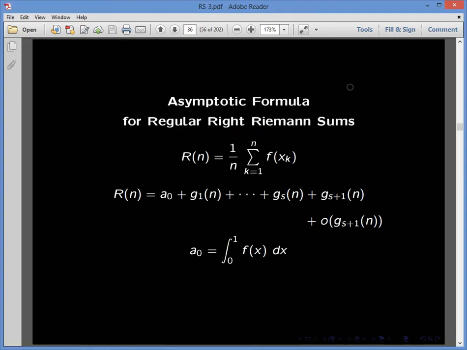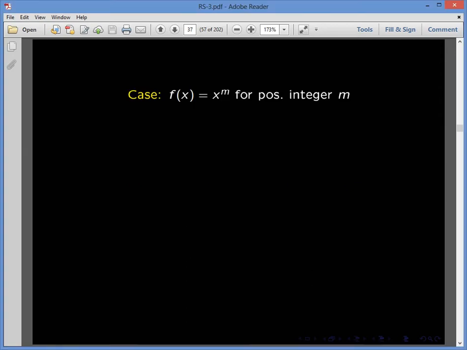So here again, once again, is the formulation of an asymptotic formula that we're looking for regular right Riemann sums. Alright, I think all calculus classes start with this simple example, the monomial, and consider the Riemann sum. The simple one is, in general formulation, x to the m.